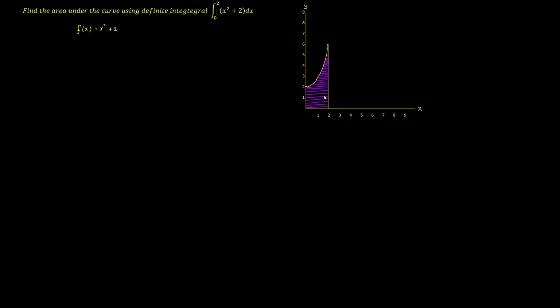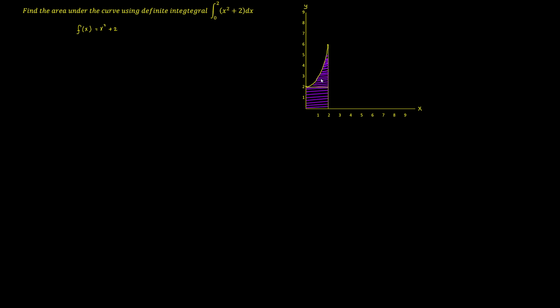As we did in the last video, we're going to divide our area into a couple of shapes, but this one I want to divide into two shapes. The first one is going to be, let me show you. If I take a line from here and connect it all the way to this side, this shape looks like a square because this length equals 2 and this one is 2, so this is a square.